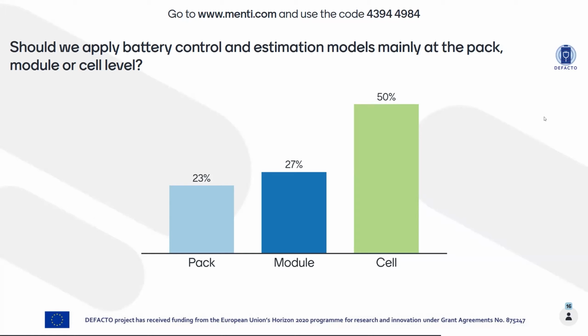So I think there's still a gap for research and development to demonstrate that doing stuff on a very detailed cell level for a large scale system is actually going to make a difference. And I'd be interested again in your views on that. But it looks like this audience at least thinks that cell level is where you want to go.